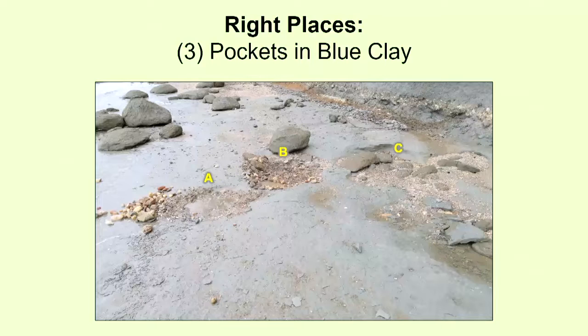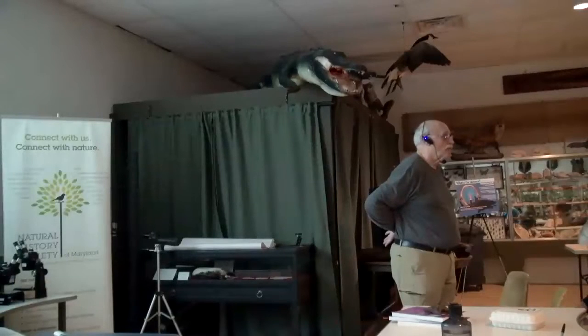B has bigger material. We're lower on the beach. Remember, winnowing's involved. A is still lower on the beach, and it has the biggest material, it has the biggest rocks. So when you're looking in depressions in blue clay, the biggest teeth or the biggest chunks of bone or whatever are going to be in the depressions lowest on the beach. Again, it's all due to winnowing.